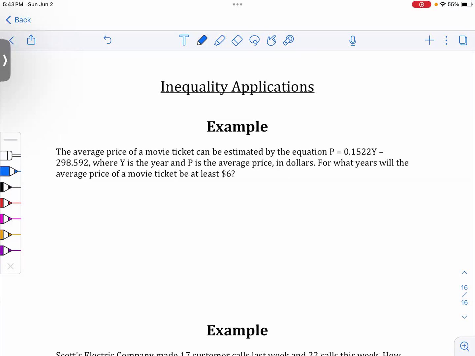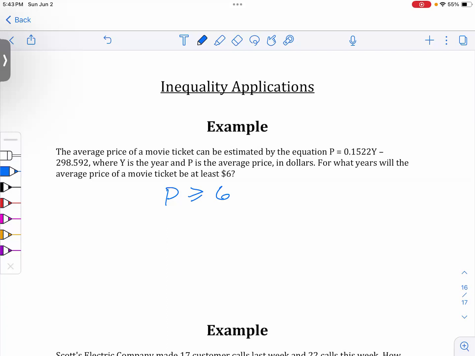All right, so I have my equation. And here's the thing. For what years will the price of a movie ticket be at least $6? That means I have the price and 6. So at least means 6 or more. The price is at least $6.